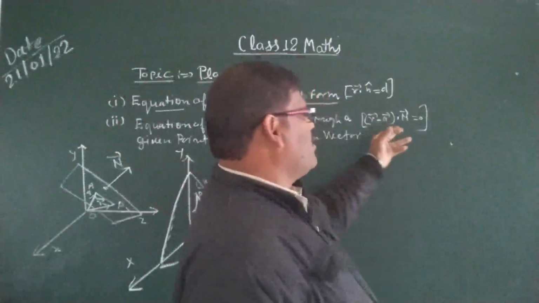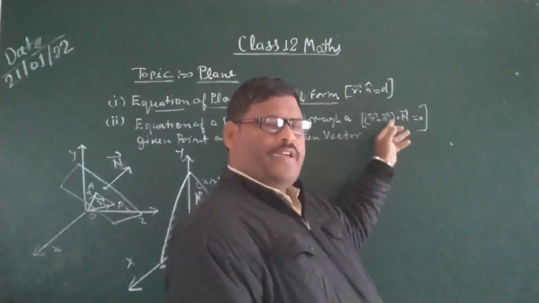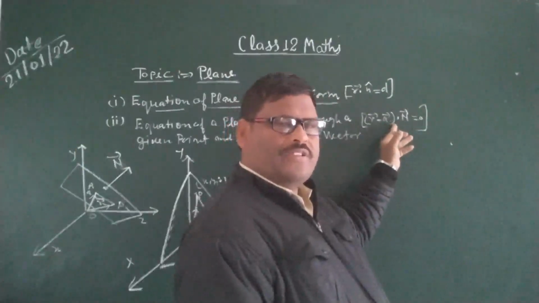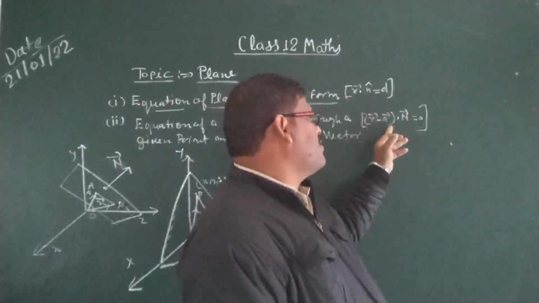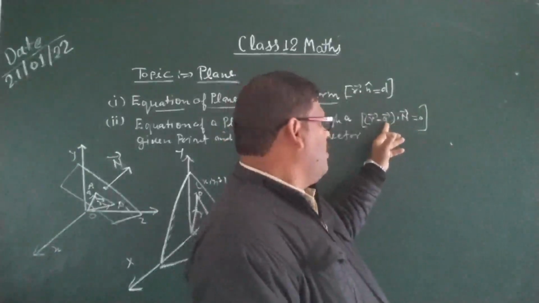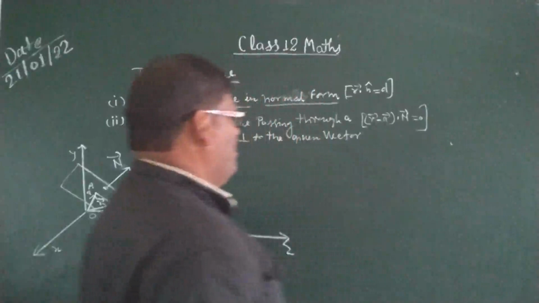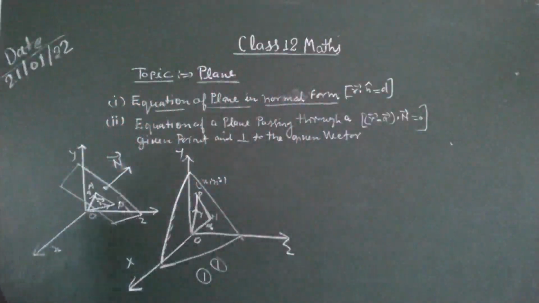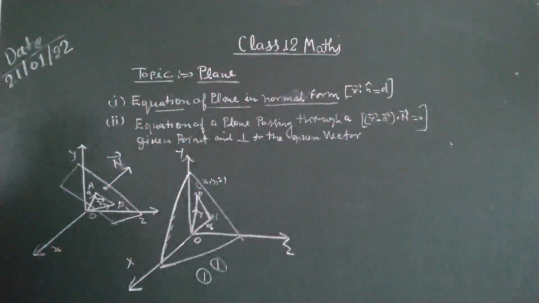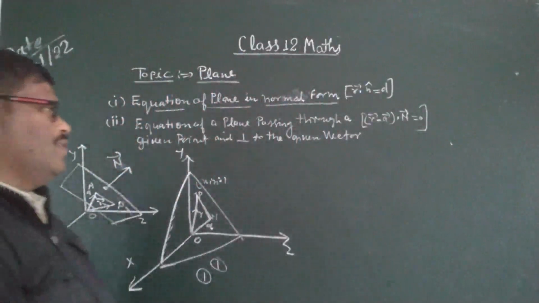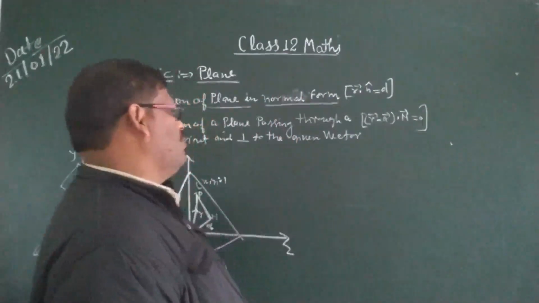The vector n is a given vector and a is the given point. We find the equation of the plane passing through the point A and perpendicular to vector n, that is vector r minus vector a dot vector n is equal to 0.